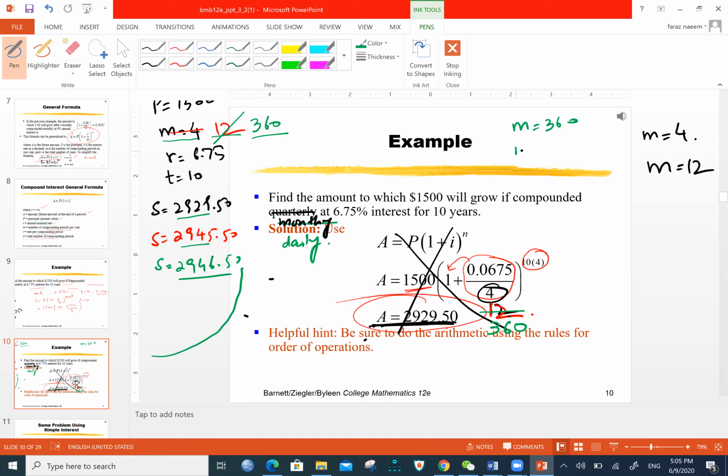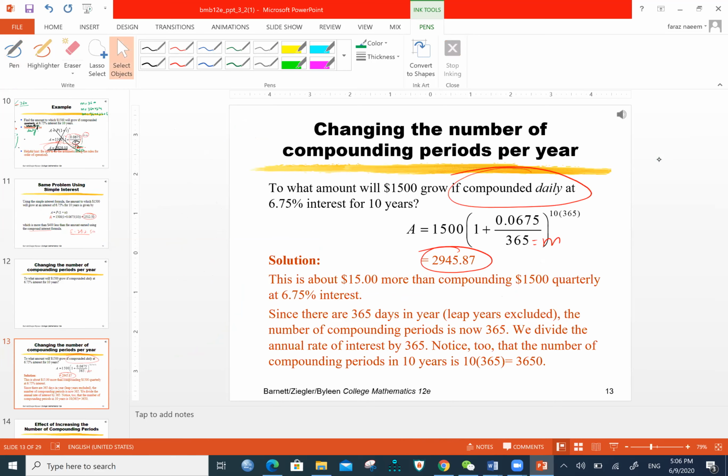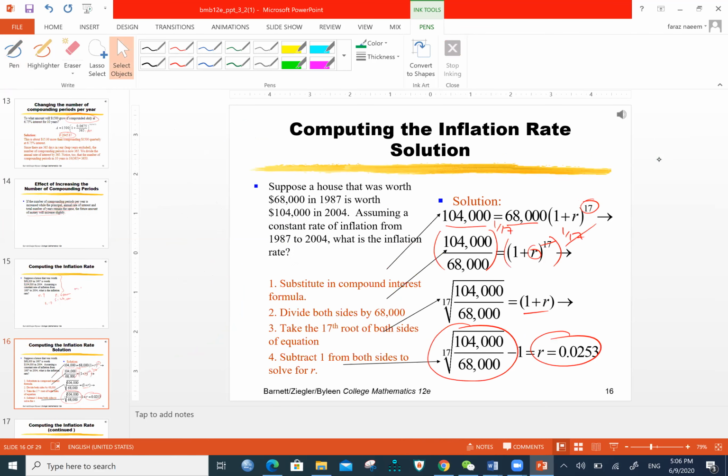After every hour, M would be 24. Furthermore, after every second it would be 60 times 60. So M will increase and increase, and if we keep increasing M, we will say that we compute interest continuously.